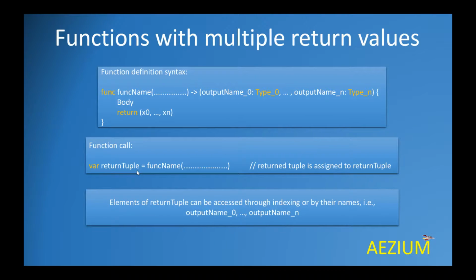Then, like any other tuple, we can extract the elements of this tuple and use them in the remaining parts of the code by either using indexing or using the names of the elements of the tuple, namely output name 0 to output name n.